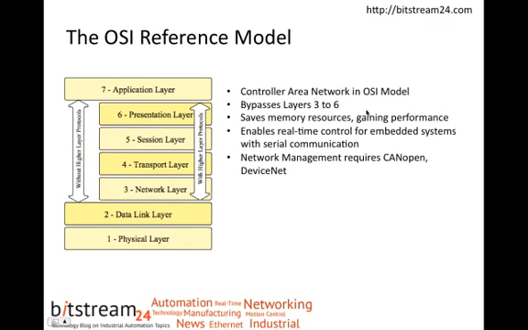While this concept may appear inferior to other protocols, including industrial Ethernet, controller area network is an ingenious solution for implementing real-time capabilities on a serial bus designed for embedded solutions.